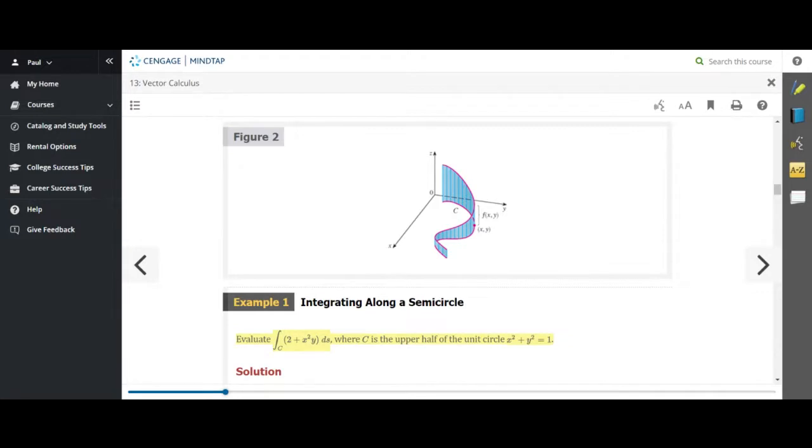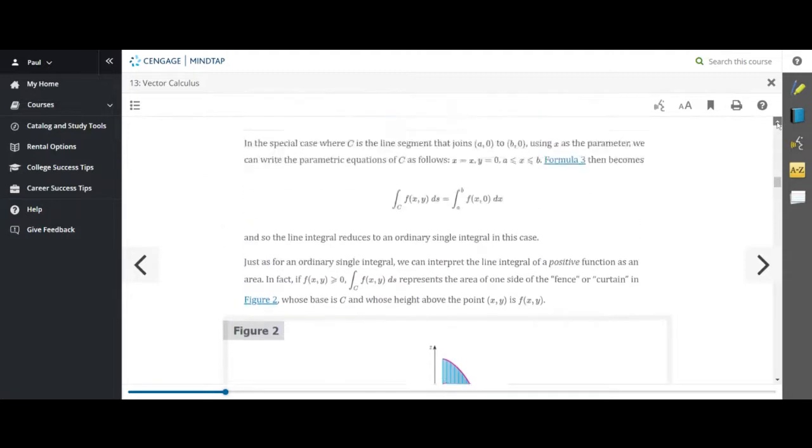The height of each little rectangle is determined by the value of the function. You can see it right there. They show the f of x, y right there. And you multiply each of the heights by the piece of arc length, and that gets you the area of the curtain. And this is what's called a line integral of your function f along your curve C. That's what we call that.